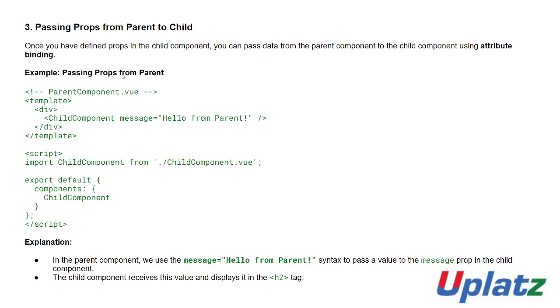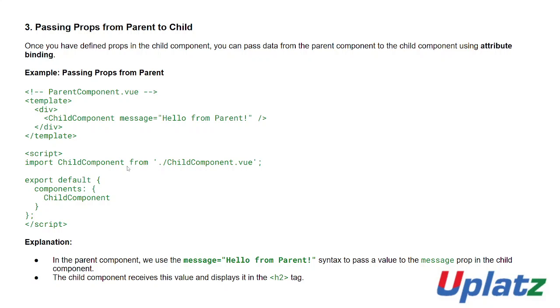Example, passing props from parent. ParentComponent.vue, template tag, view tag. Now ChildComponent, message is equal to hello from parent. And the script is like that.